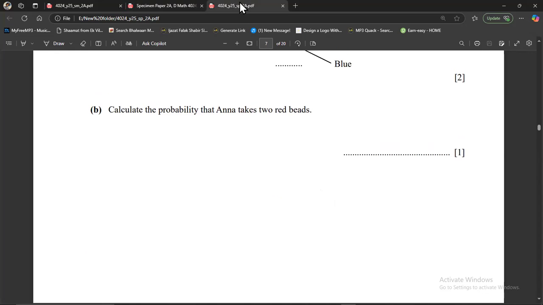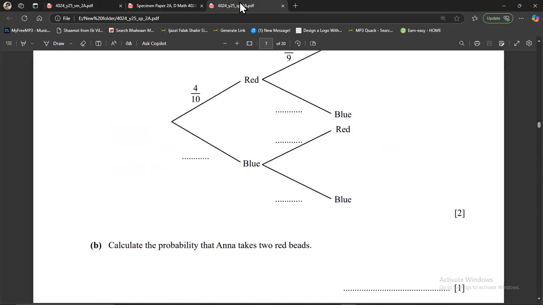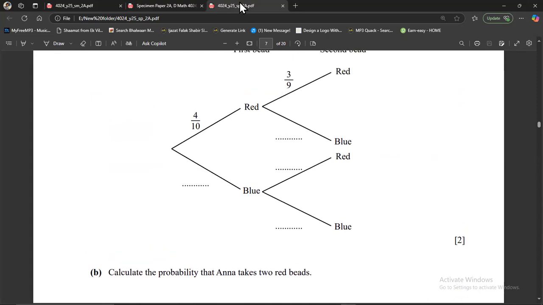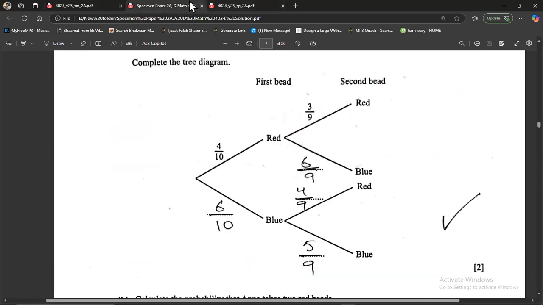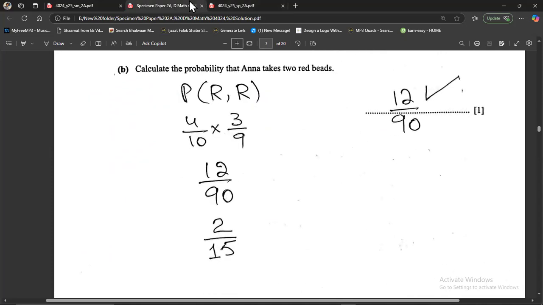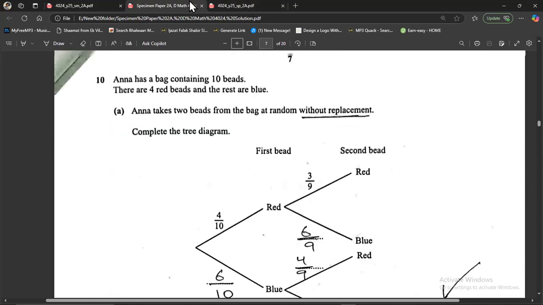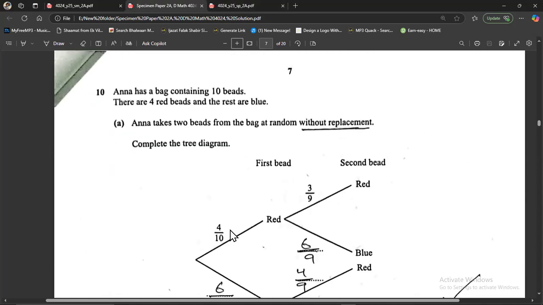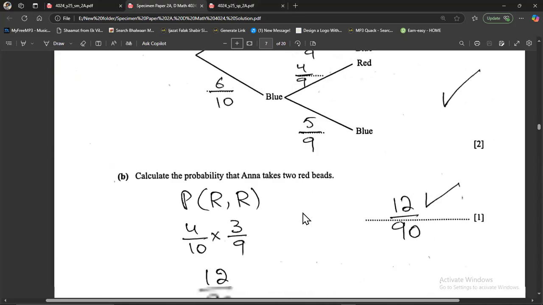Part B says: calculate the probability that Anna takes two red beads. So they are basically asking you to find the probability of red, red. I will multiply 4 by 10 with 3 by 9, red, red.